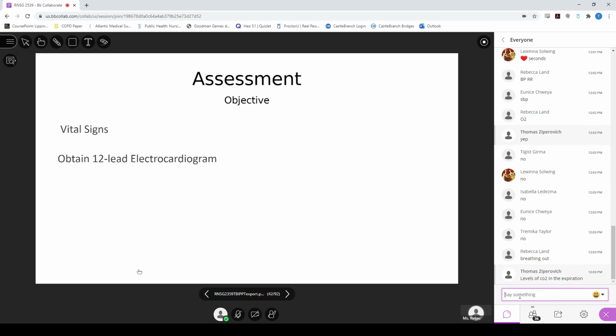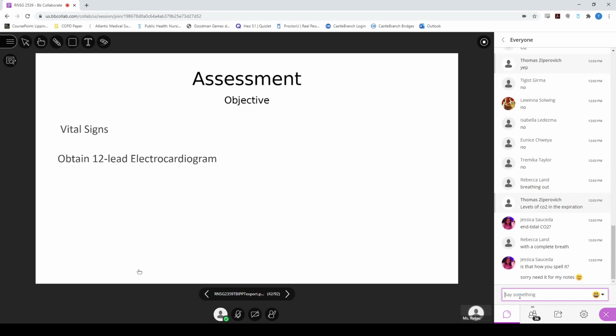Yeah, your CO2 on expiration, and it's hooked up to a vent usually to tell you what that level of CO2 is on the expiration of the breath. Yes, end-tidal CO2. That's right, Jessica.